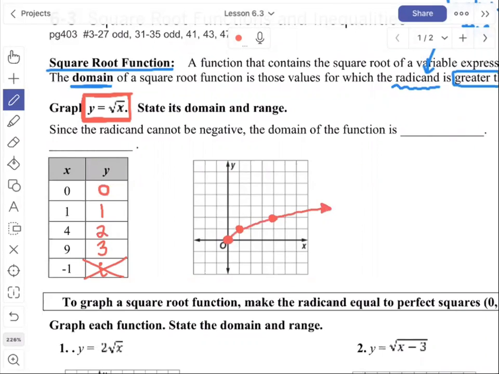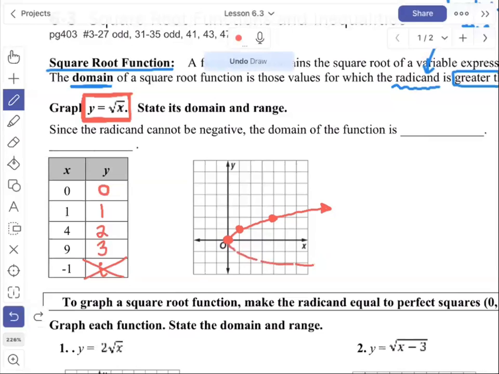What does that look like to you guys? If you were to describe what this graph looks like, what would you say? Half of a parabola. Yeah, nice. Half a parabola, like if it was a sideways parabola, it's like half of that.